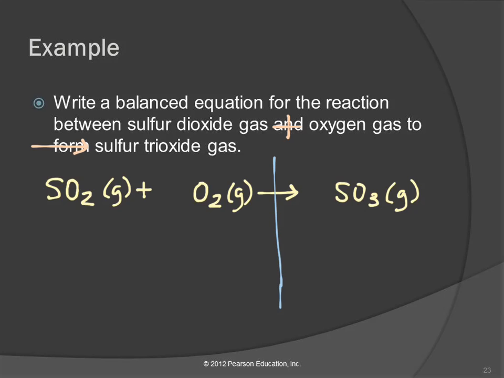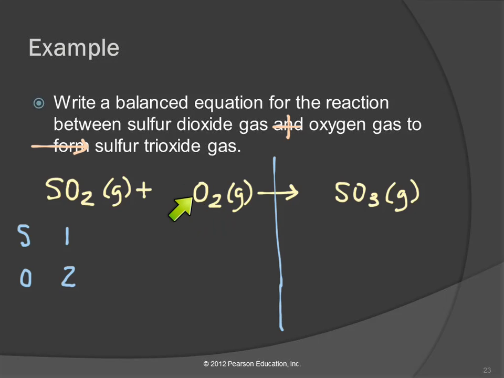So now I'm just going to look and see what I've got here. Again, we've got 2 elements, sulfur and oxygen. Over here, in this formula, I've got 1 sulfur and 2 oxygens.